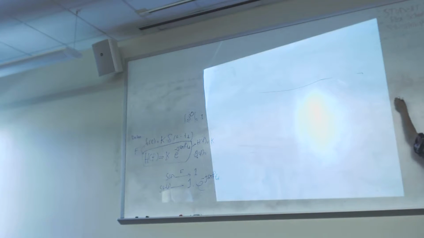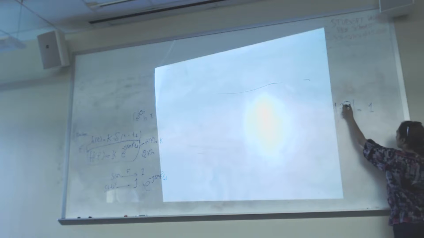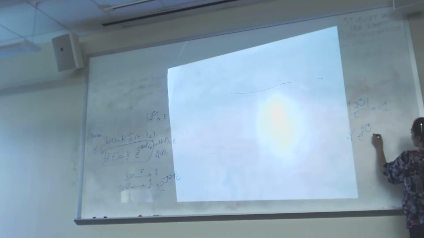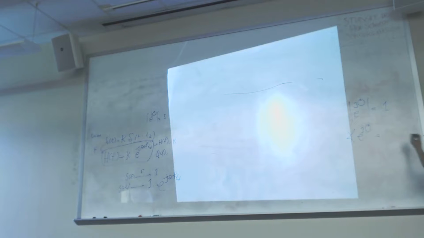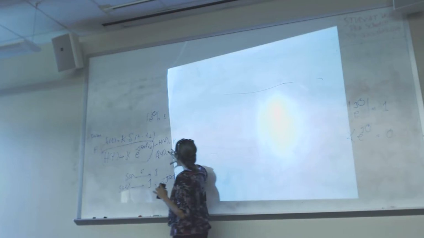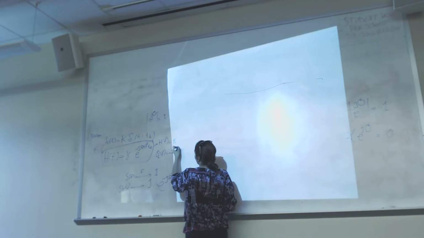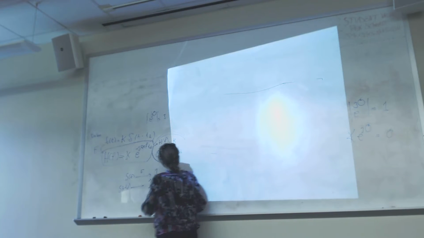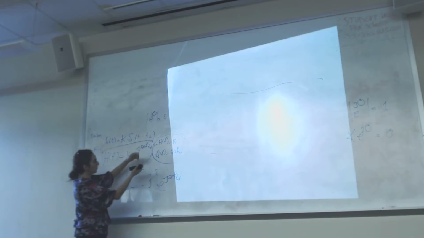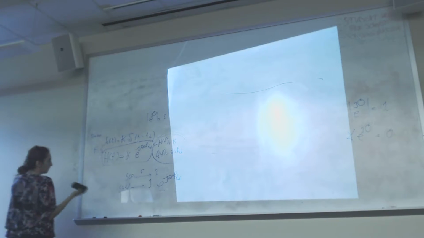Negative 2 pi f td. So for this distortionless system, if your magnitude is k and your phase is just minus 2 pi f td, then my system is distortionless.